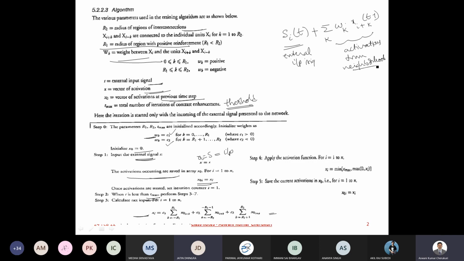This is the net input coming from the rest of the other nodes.